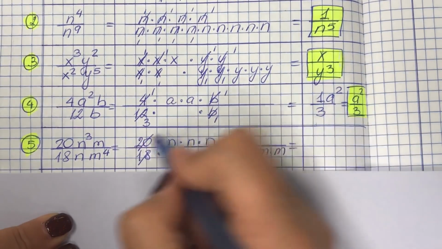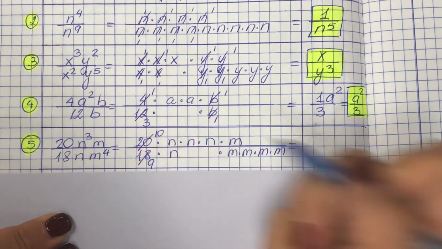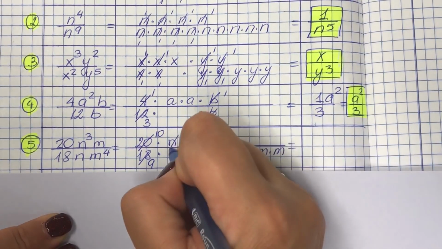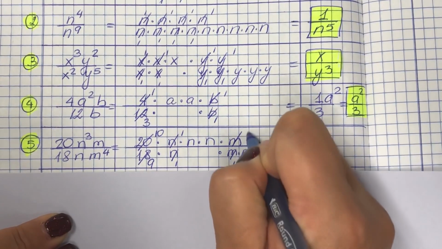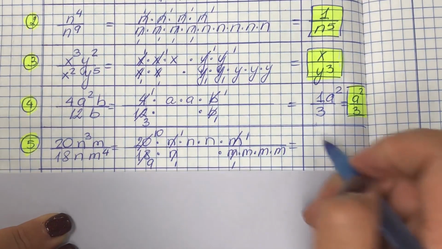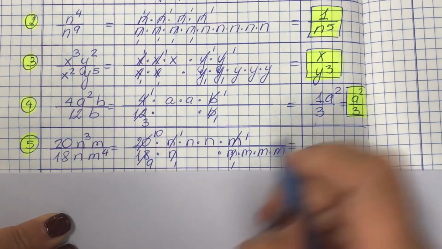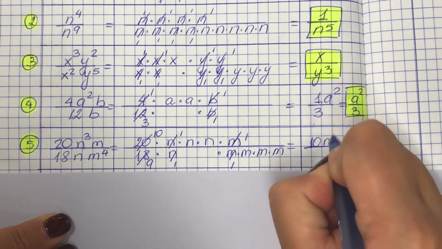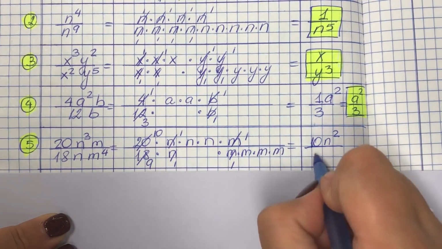So if I divide by 2, 20 divided by 2 is 10, 18 divided by 2 is 9. Simplifying the common factors, n divided by n, and m divided by m. Then look at the remaining factors on the numerator and collect them back for the answer. So we have 10 and then n to the second power. On the denominator we have 9 times 1 times 1, which is 9, and m to the third power.